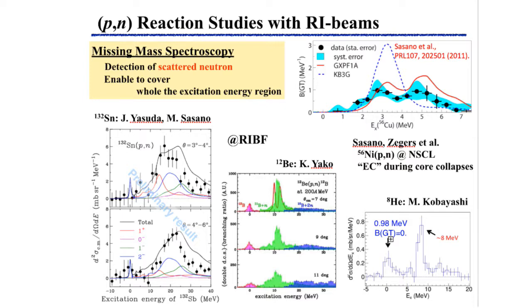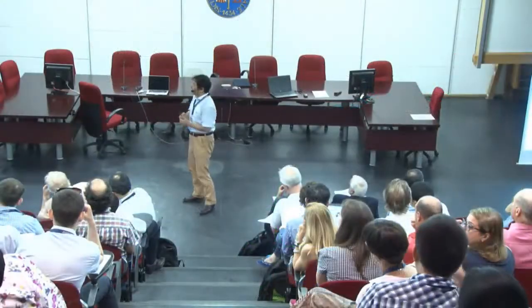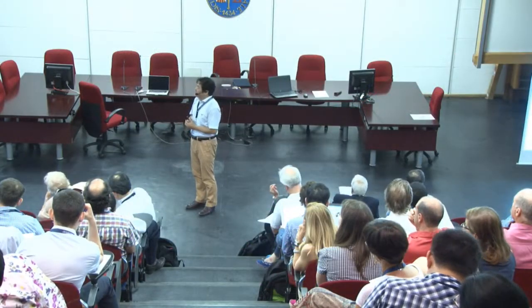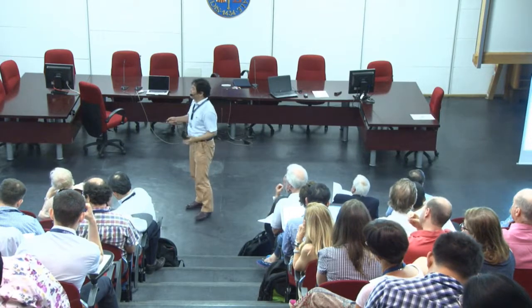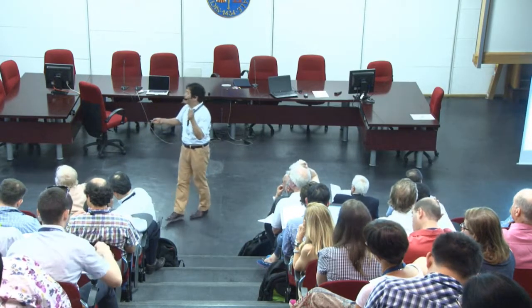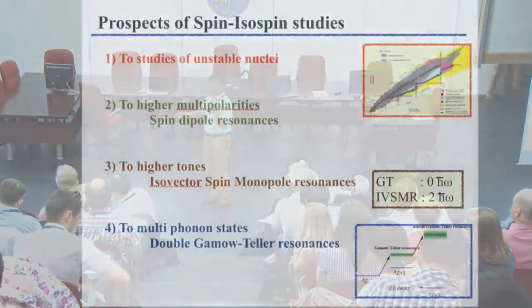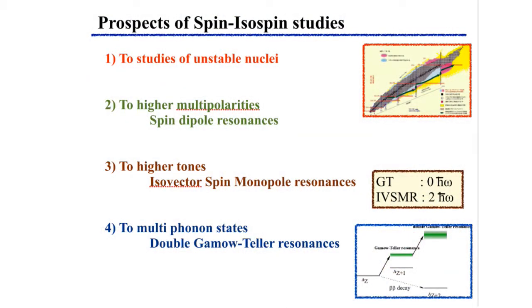And here I would like to discuss a little bit about what nuclear spin-isospin studies should be in the new era. Of course, the study of unstable nuclei is one way to proceed, but I would like to claim that another direction, the extension of nuclear spin-isospin study to higher multipolarities, higher tones, and many multi-phonon states, is really important.